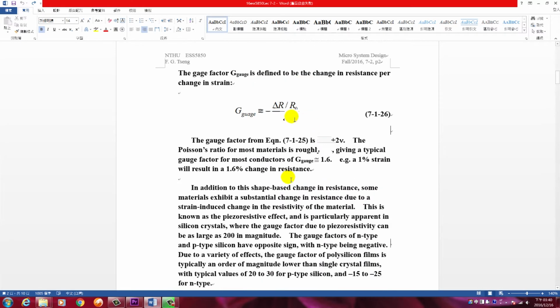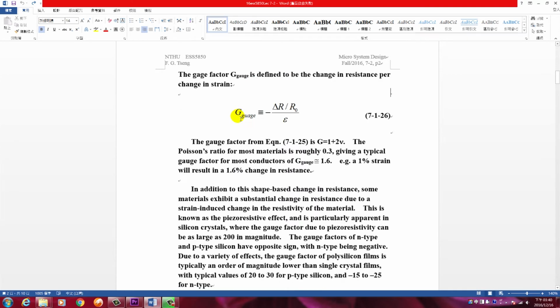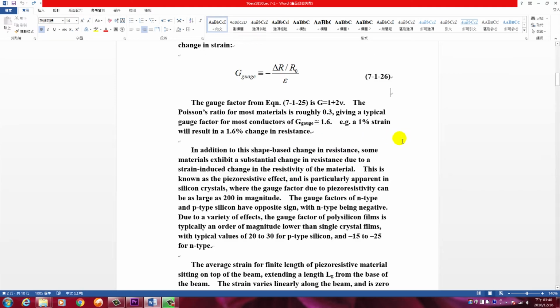But now, if we consider the resistivity also changes during the pushing, the gauge factor will become large. So if we consider the resistivity change, we need to input the resistivity change here during the squeeze process, and we can get a new equation of R epsilon. If we consider using silicon, compared to metal, silicon is a better piezoresistive material because when we squeeze the metal film, the resistivity never changes.